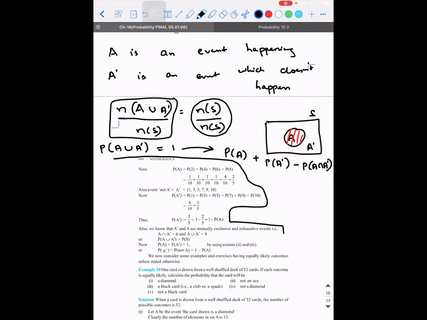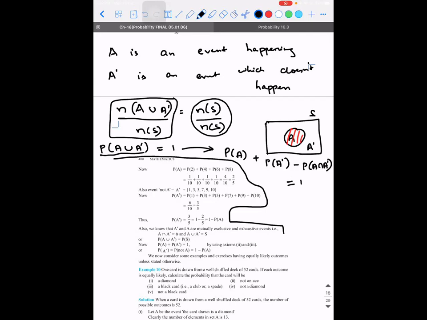I'm using the previous formula. What was probability of A union B? It was probability of A plus probability of B minus probability of A intersection B. Here B is replaced with A dash, is equal to 1. For the left-hand side I applied the formula, the right-hand side I didn't disturb.